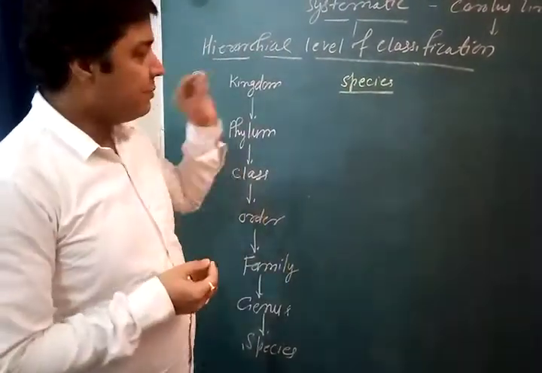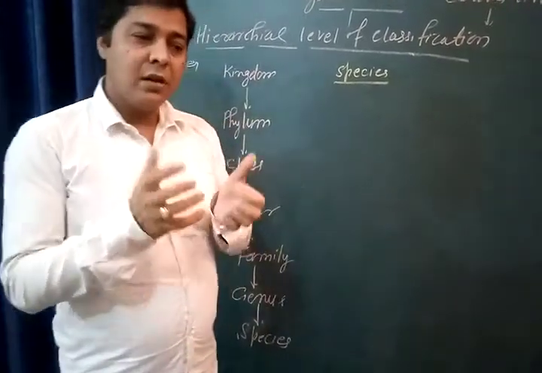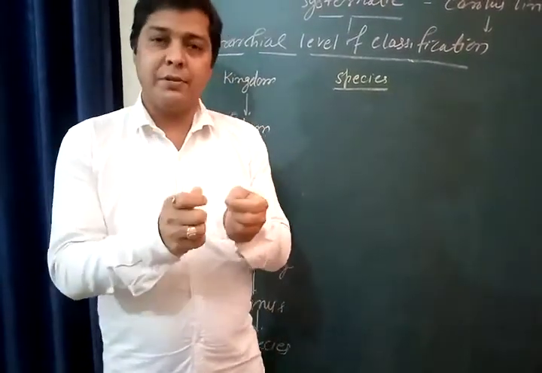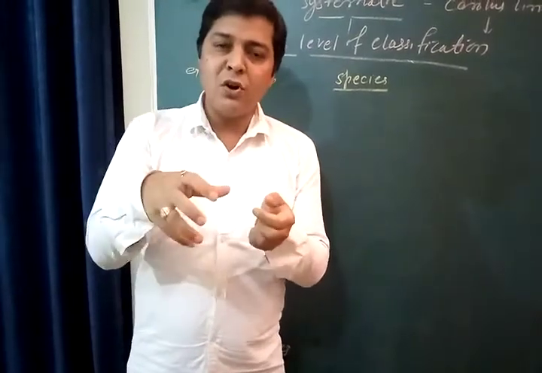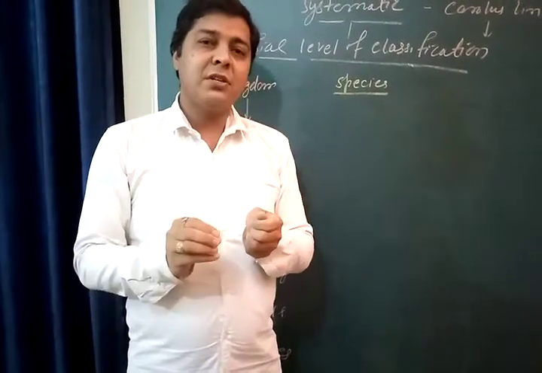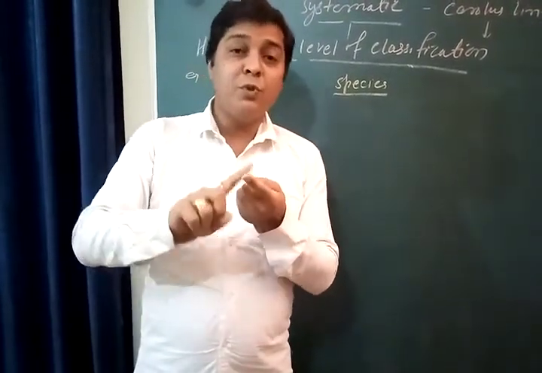Now if we start with species, what is a species? It states that a group of living organisms who can interbreed, and whatever progeny we get, that progeny should be fertile in nature.